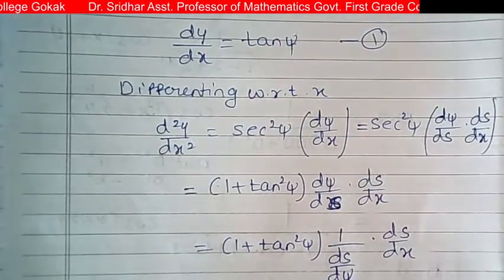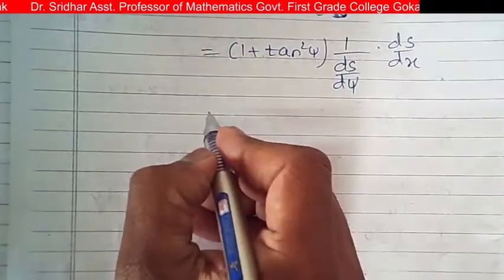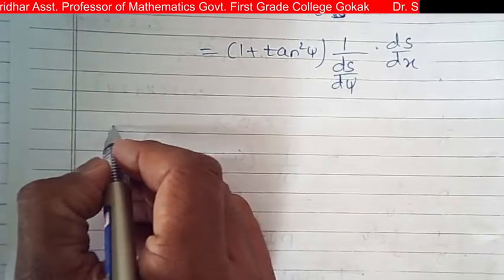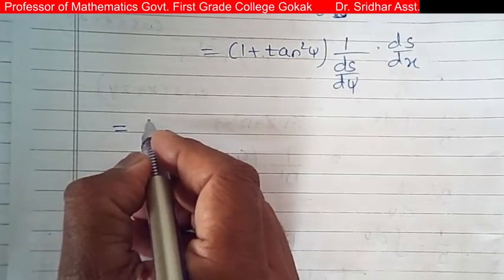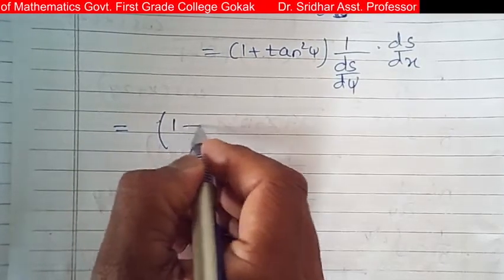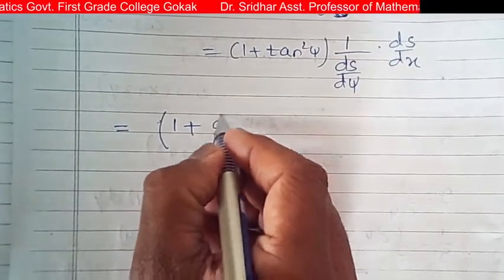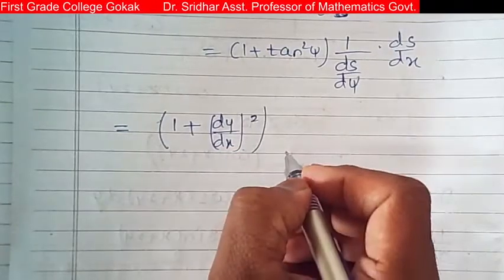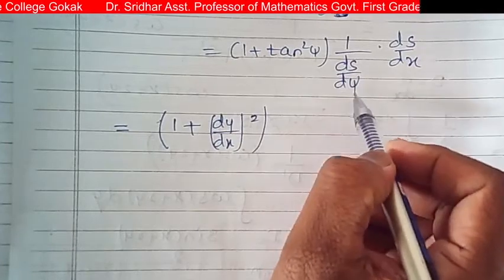Then this is 1 plus tan square psi, and tan psi is dy by dx, so 1 plus dy by dx whole square.